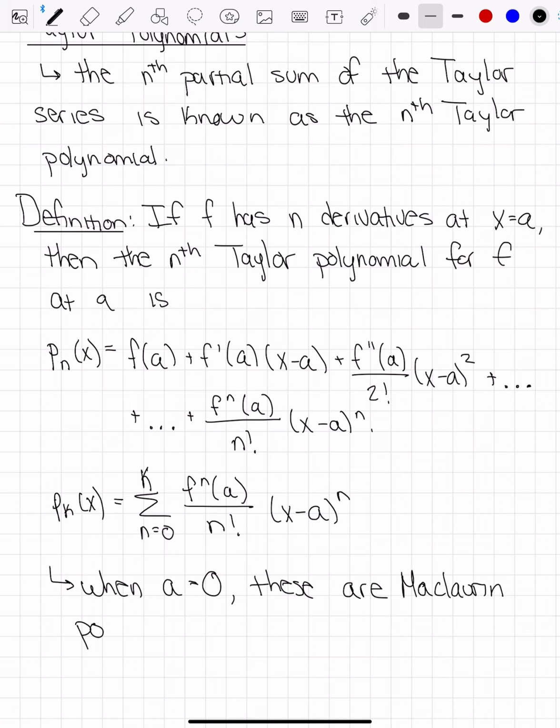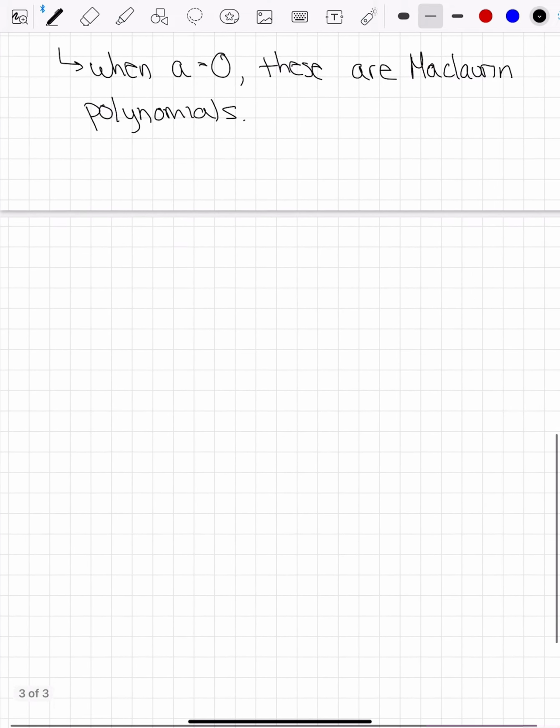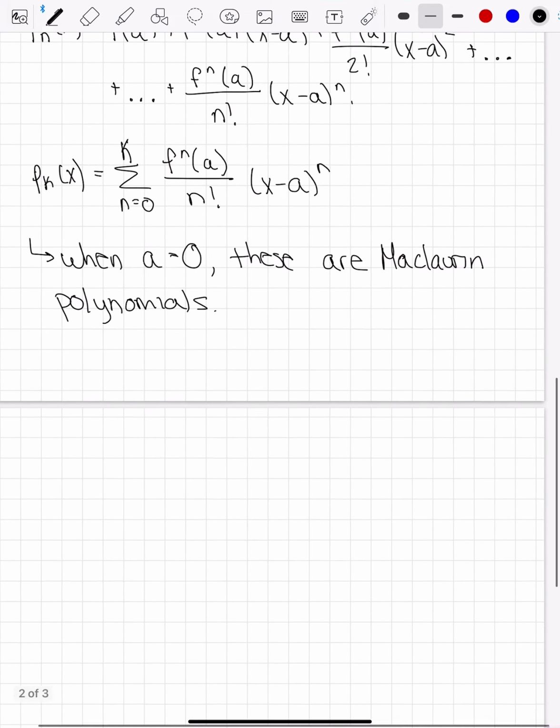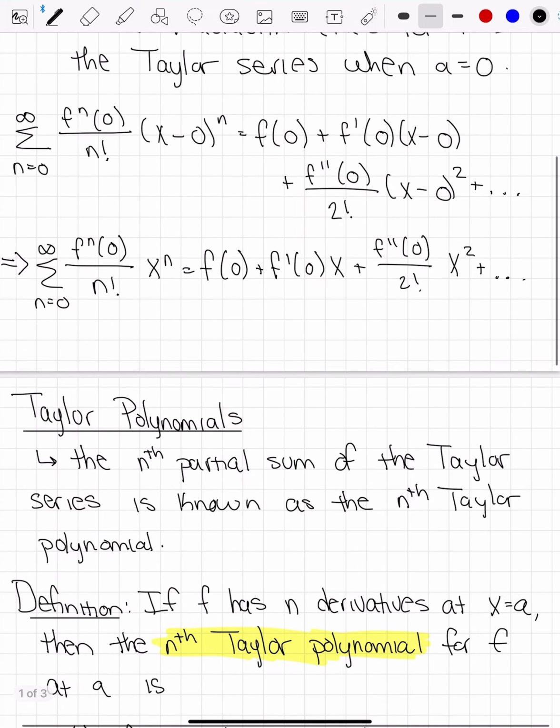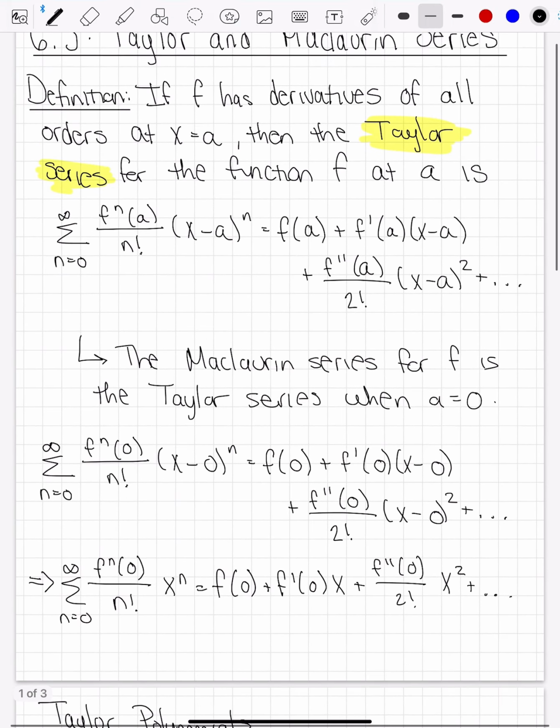So literally everything translates from Taylor series to Maclaurin series, because a Maclaurin series is just a Taylor series with a equals 0. So it's really just a special case. Okay, so let's talk about the partial sums and how all of this works.